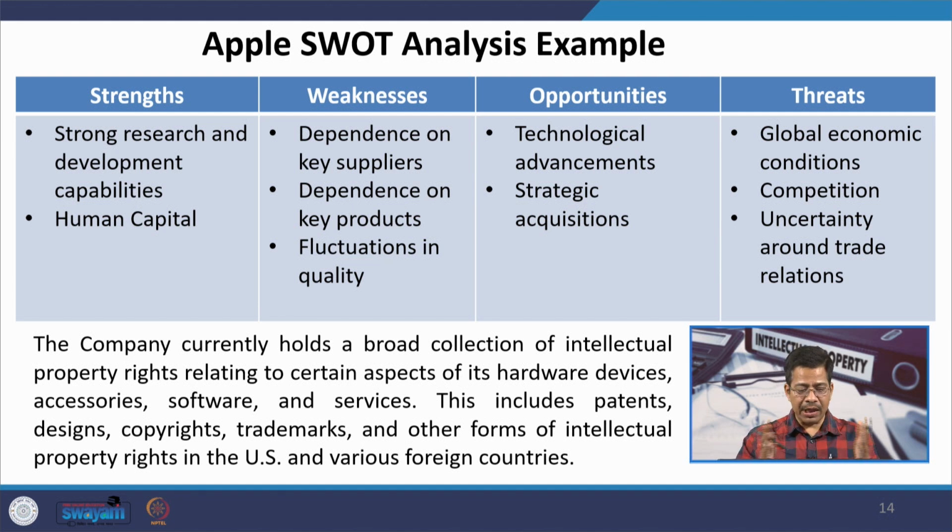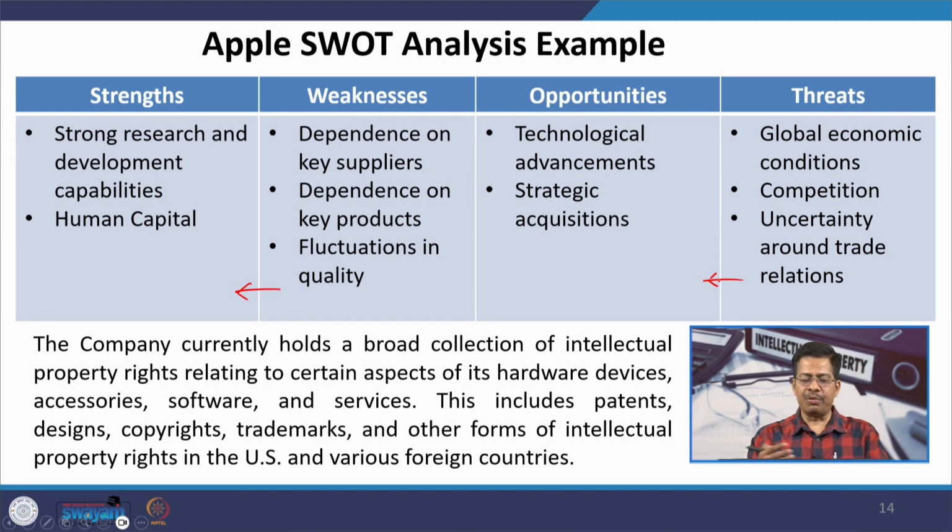You can use a chart paper or an A4 size paper, where strengths, weaknesses, opportunities and threats are all bulleted, and then we will see how we are going to convert these weaknesses into strengths and threats into opportunities.